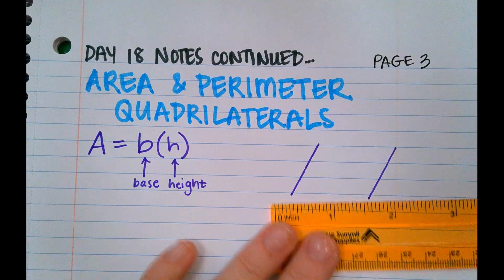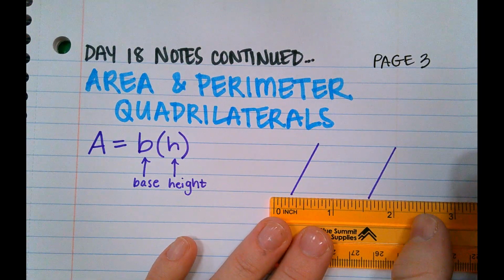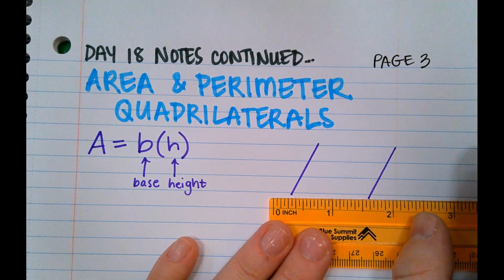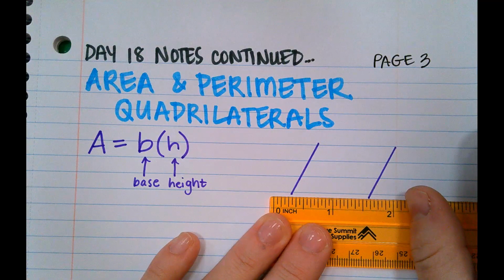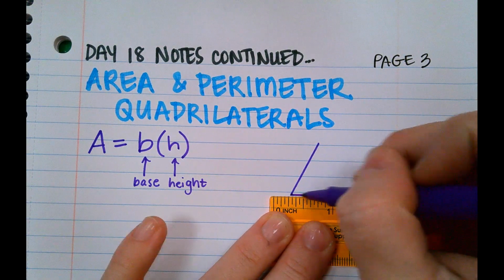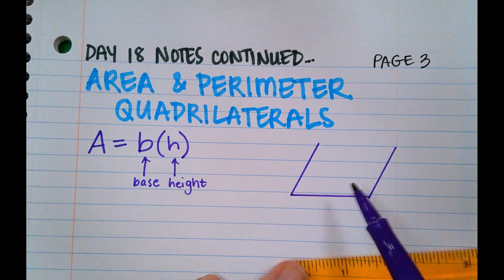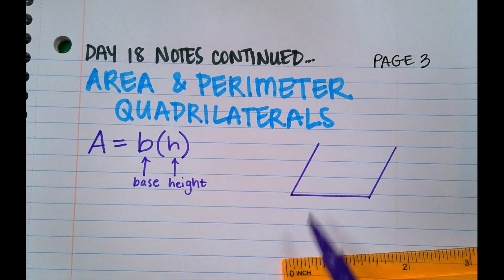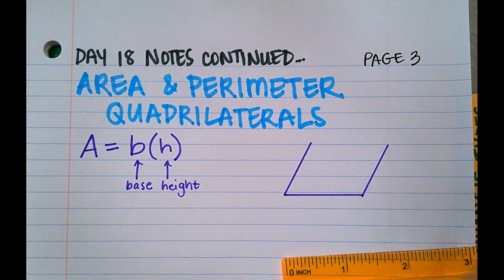Connect my lines. Make sure your side from the bottom is going to be your base. For the purpose of your notes, it would be good if your base is flat, like this. So if one of your lines needs to be extended or shortened, that's okay.